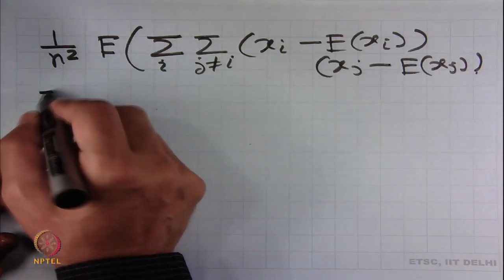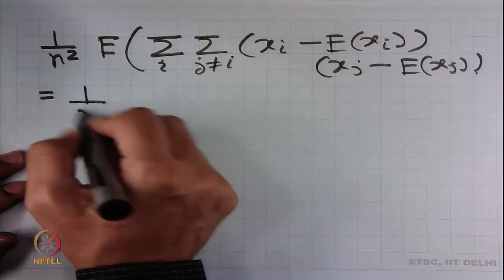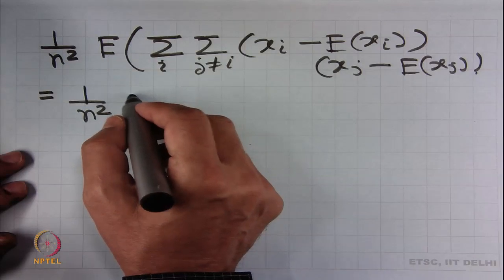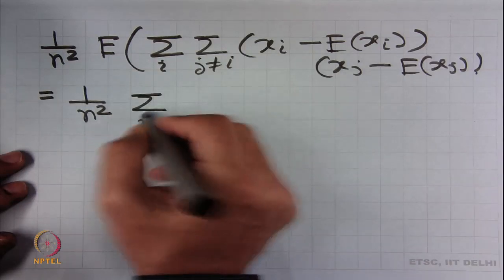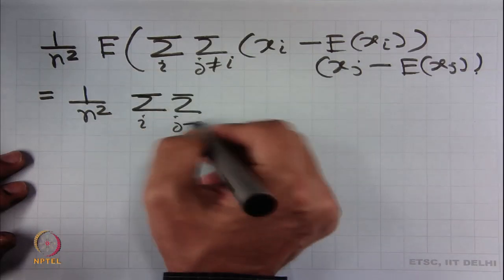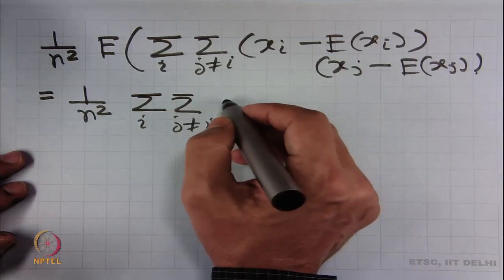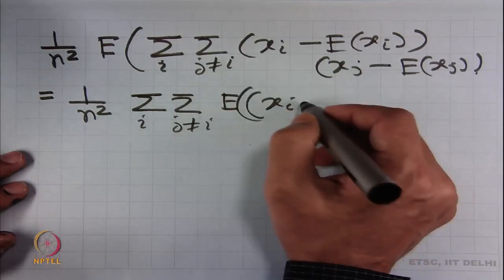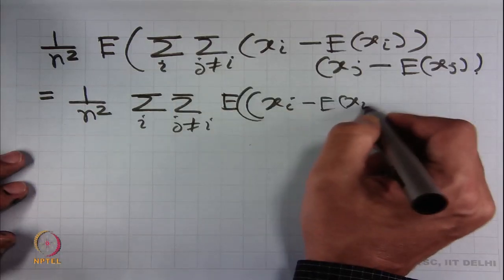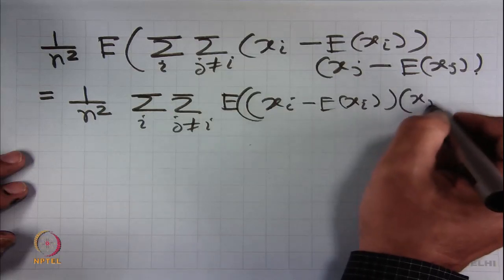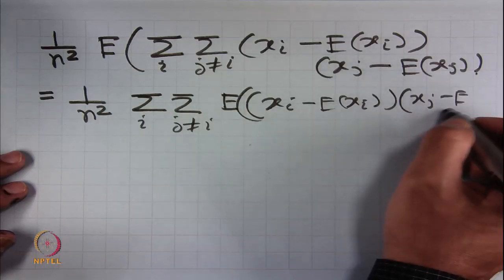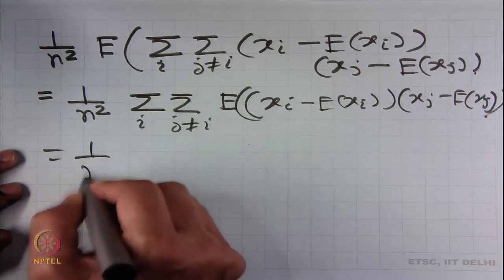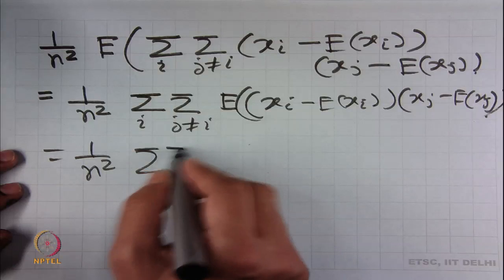This is equal to 1 upon n square sigma over i sigma over j not equal to i expected value of xi minus expected value of xi times xj minus expected value of xj, equal to 1 upon n square sigma sigma.